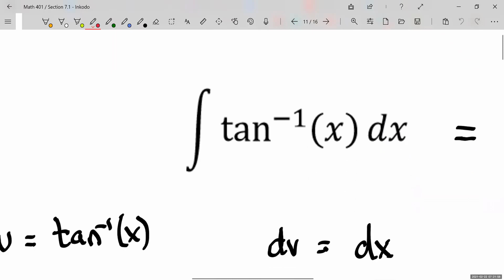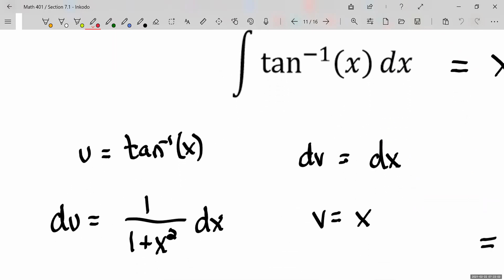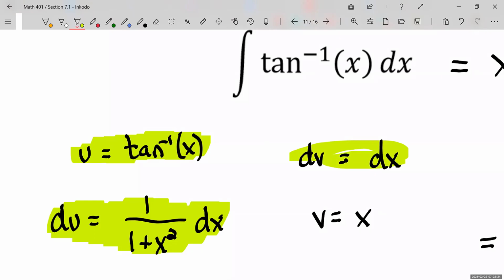And so the new technique would be by parts, and our choice with the by parts method was allowing u to equal the tan inverse, so its derivative would be 1 over 1 plus x squared dx. That is one of the most important derivatives and therefore antiderivatives in calculus. So you have to be up on that one. And then the dv, strangely, is just the dx.